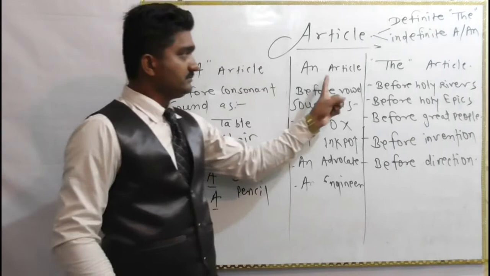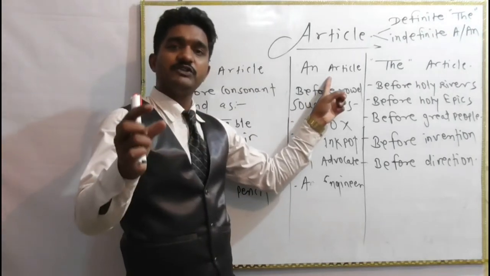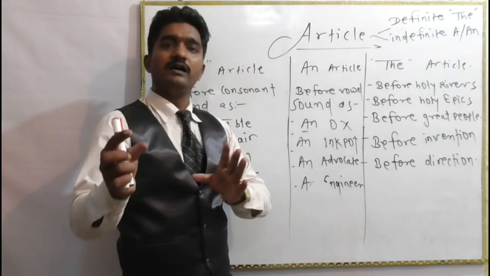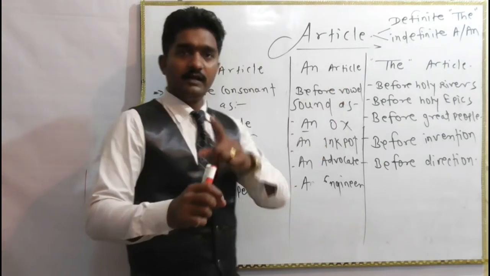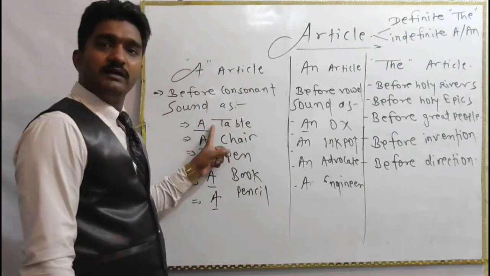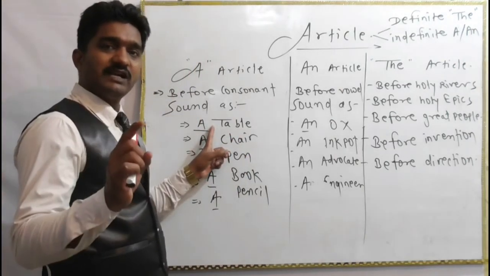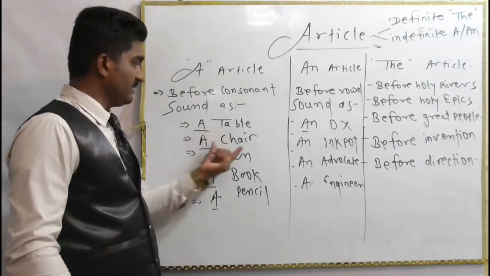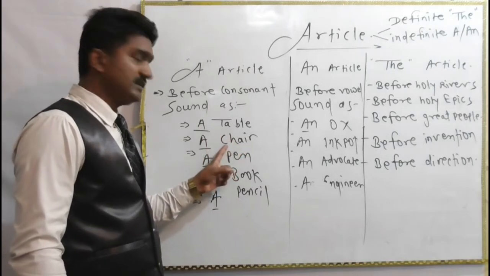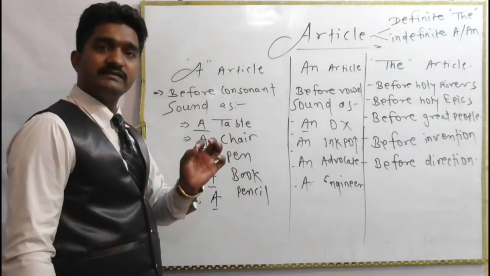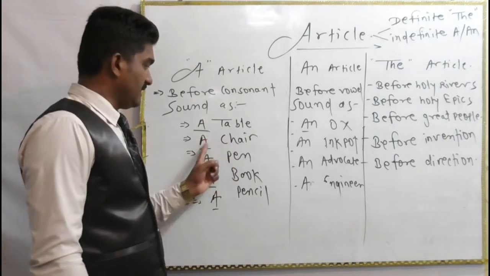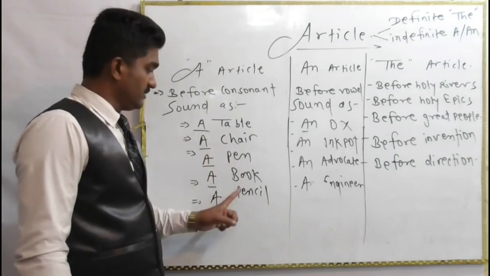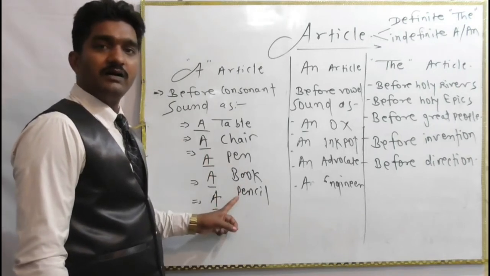And if the noun's pronunciation starts from the Hindi alphabet a to aha, then use an article there. Like table, its pronunciation starts from ta. It's a consonant, so we will use a table. Chair, its first letter is consonant, so a chair. Pen, so a pen. Book, so a book. And pencil, so a pencil.